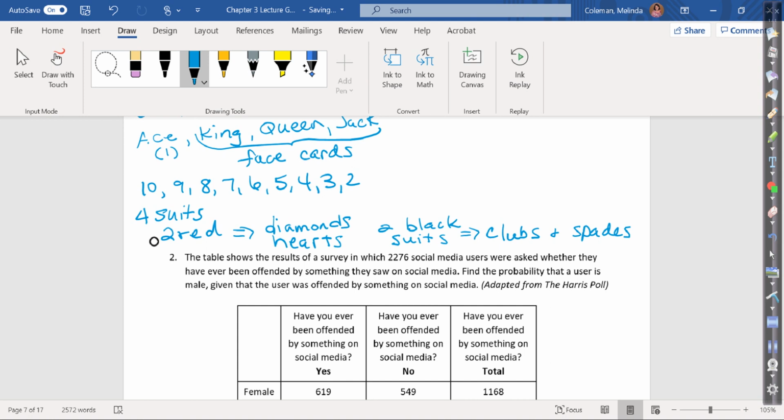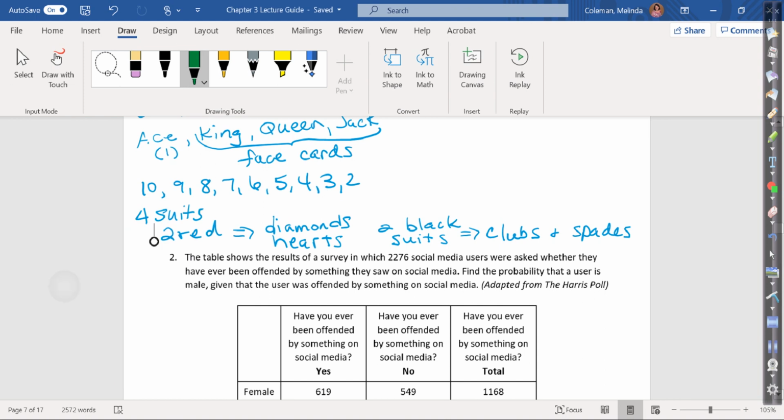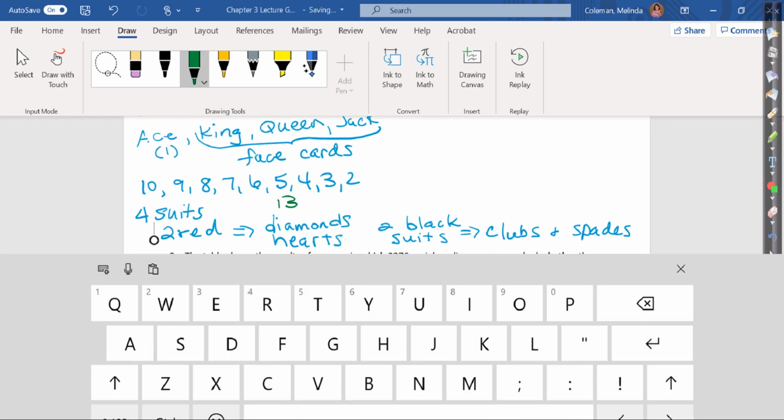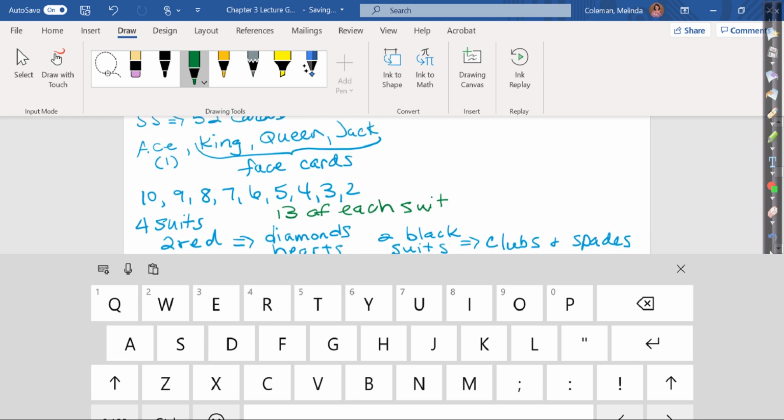So there are then 13 of each suit. So there are 13 diamonds, 13 hearts, 13 clubs, 13 spades.